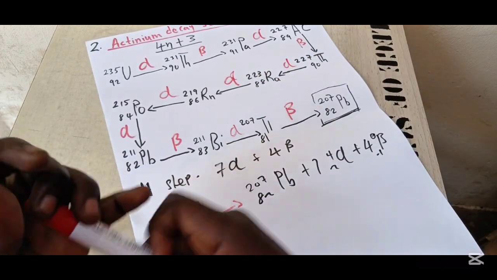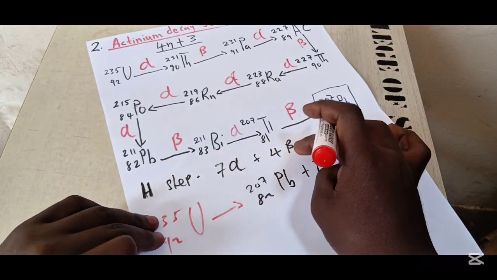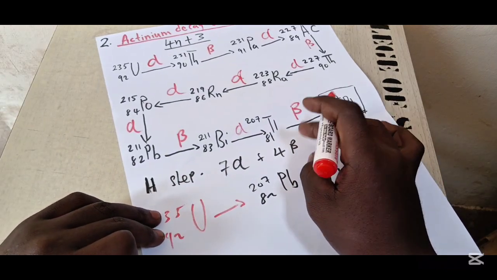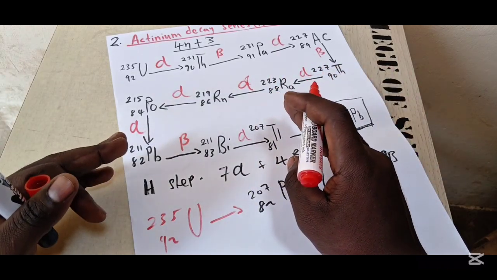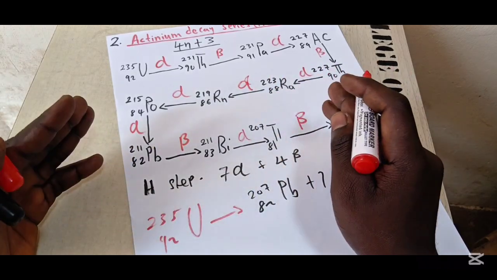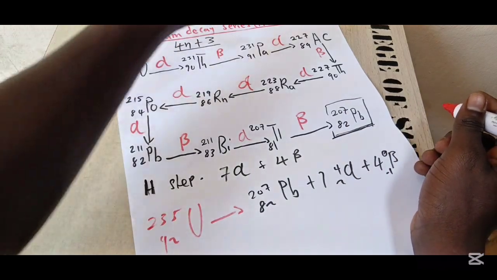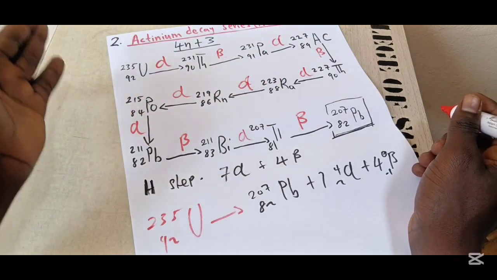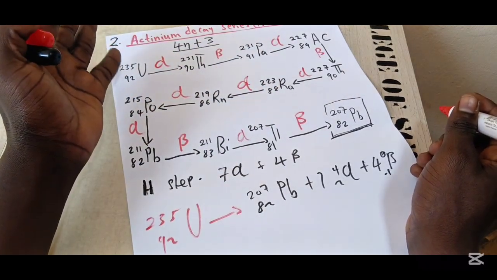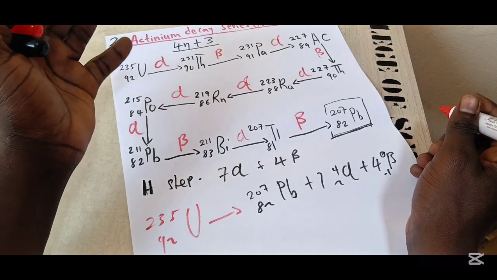And because we know the number of alpha particles and beta particles involved, and we know the effect of alpha and beta particles in terms of mass and protons, we can just memorize the sequential order: alpha, beta, alpha, beta, alpha, beta, alpha, alpha. So we know our starting nuclide, which is uranium-235 with atomic number 92.